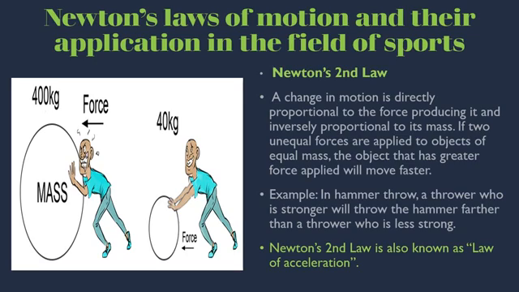When they bowl, the fast bowler's ball will travel very fast and cover more distance, and the spinner's ball will travel less distance. Why? Because the fast bowler puts more force on it and the spinner puts less force on it. That is the meaning of this law. Newton's second law is also known as the law of acceleration.